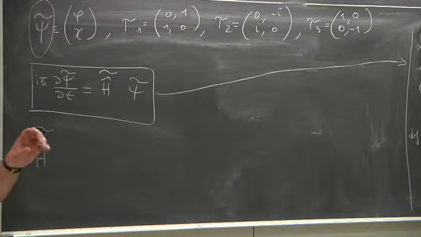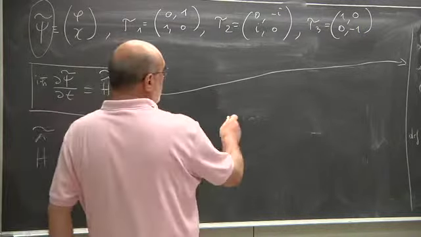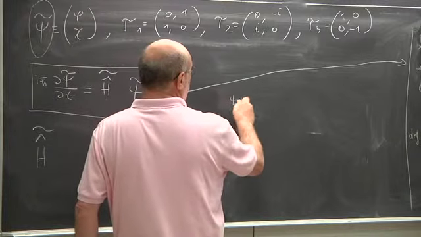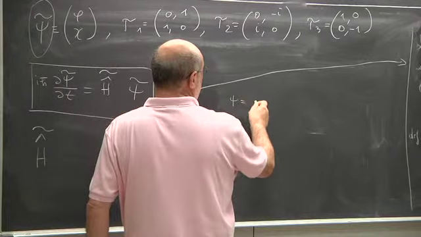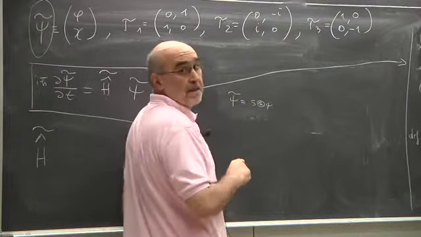I mean, the Pauli equation means the following. If you have a particle that also has spin, then the wave function lives in the tensor product of the spin space with the wave function space.